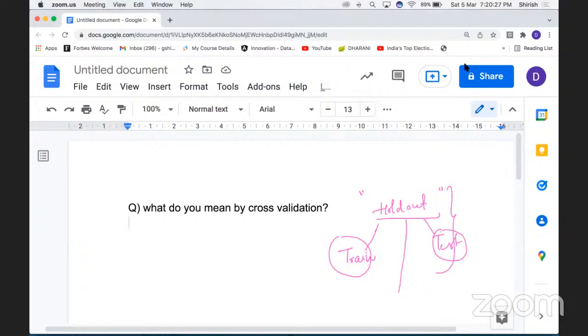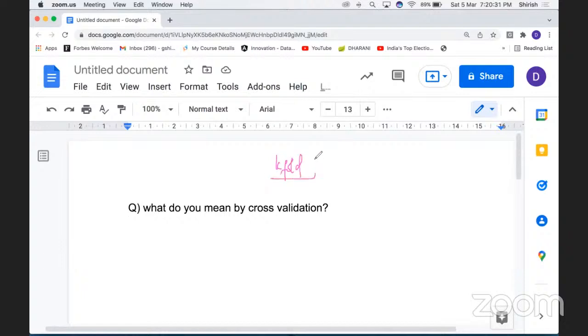When you go for k-fold cross validation, which is one more way of giving better training to your data, you divide your data into the number of parts of your choice. K is your choice, say k is equal to 5.